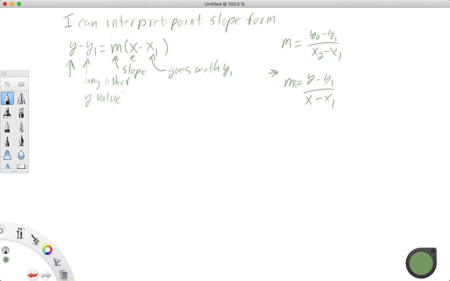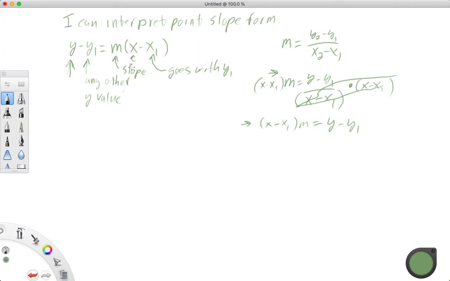So if I want to get this into point slope form, right, I would multiply both sides by x minus x1. So I'm going to multiply this all by x minus x1 and this by x minus x1, and then that right there cancels, and I get x minus x1 times m equals y minus y1.